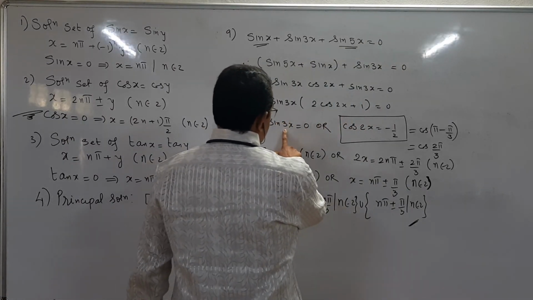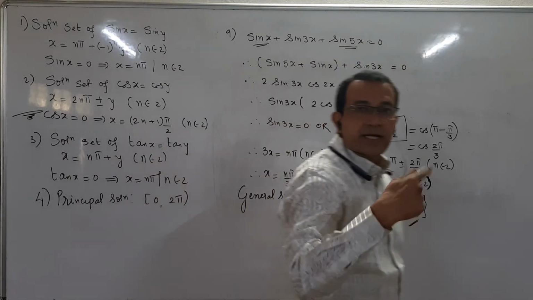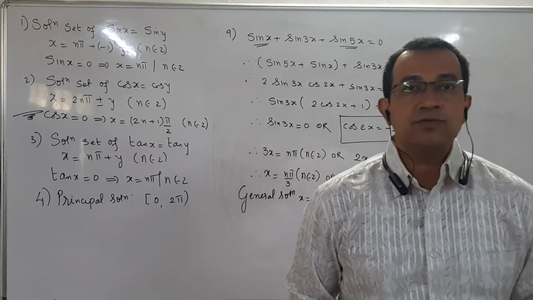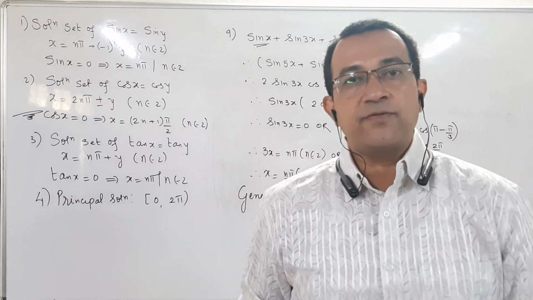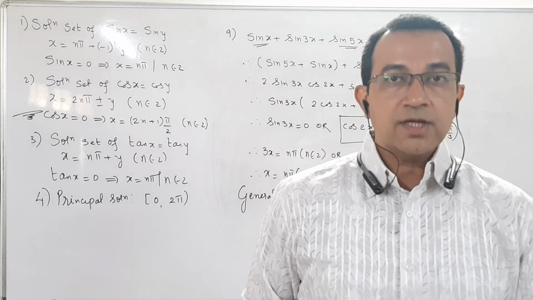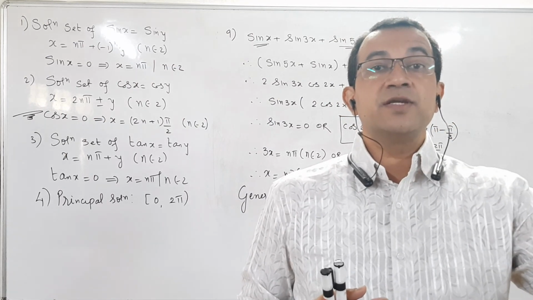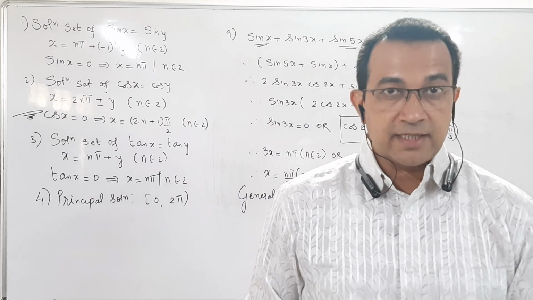Third important thing, in sine and tan, if your right hand side number is a negative, we still modify it in terms of an acute angle only. The reason is the inverse trigonometric functions which we will study in 12th standard.